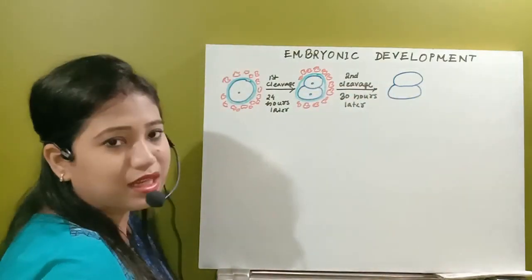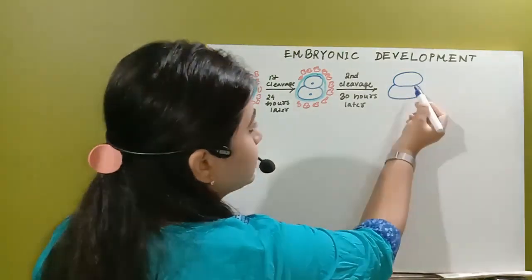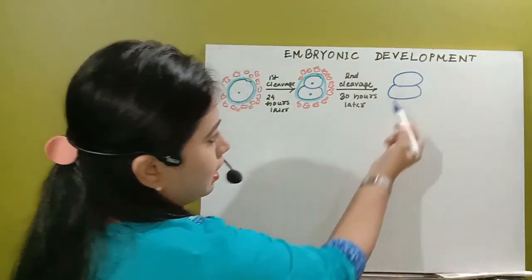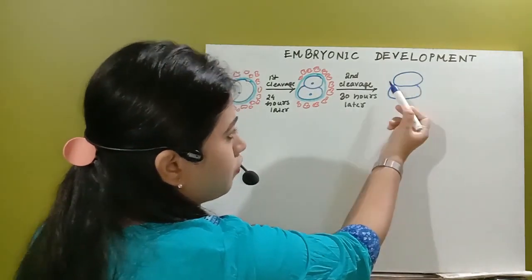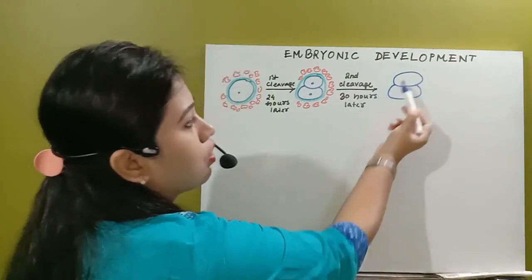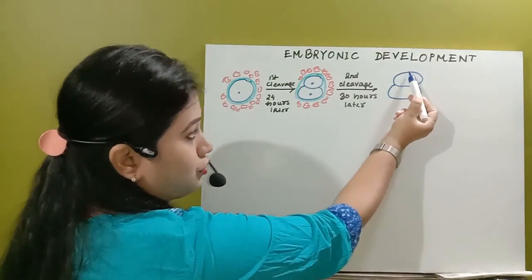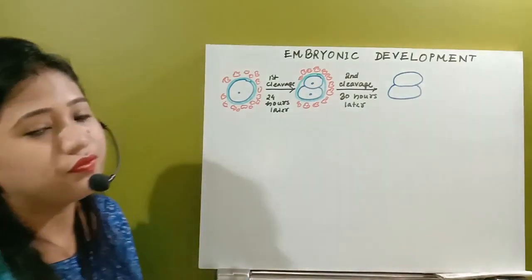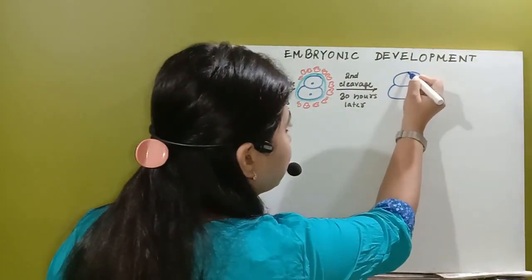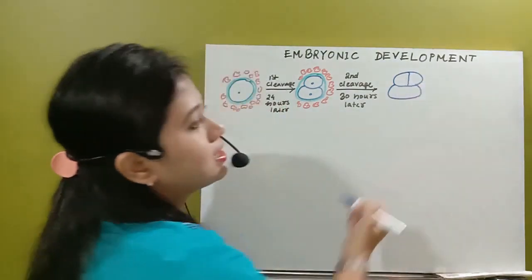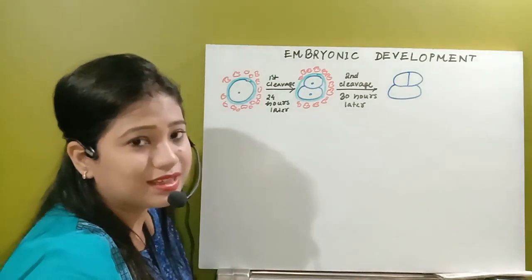So after second cleavage, first of all, it is at right angle to the first cleavage. Earlier the cleavage was occurring from this to this, from the animal to the vegetal pole. Now exactly at right angle to the first cleavage, we will have the second cleavage. And whenever second cleavage is going on, we will see a transient 3-cell stage.